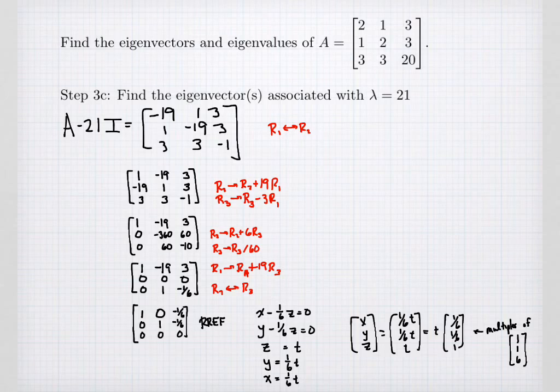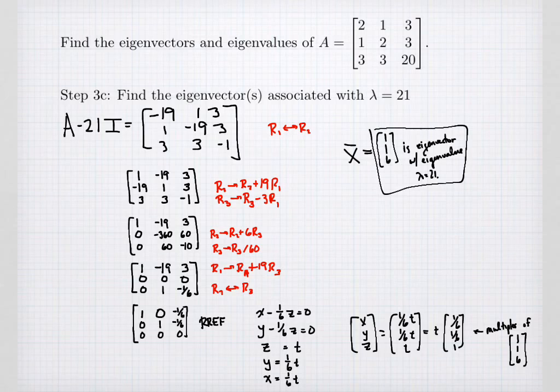So this gives me a simple vector that I can think of as my eigenvector. 1, 1, 6 is an eigenvector with corresponding eigenvalue lambda equals 21. And that gives me my third collection of eigenvectors, any scalar multiple of that.